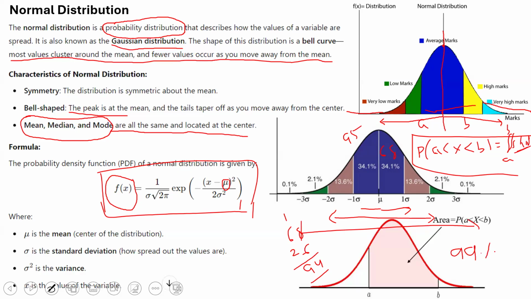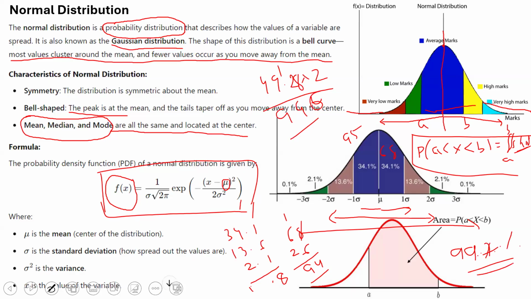If you add all this, 34.1, 13.6, 2.1, times 2, it is about 99.7% of data residing within 3 standard deviations.